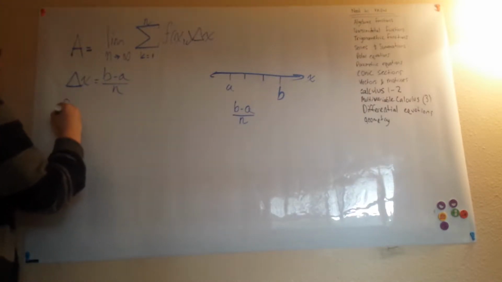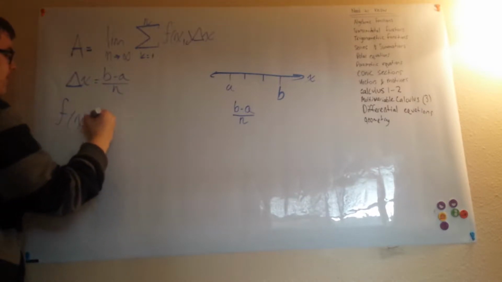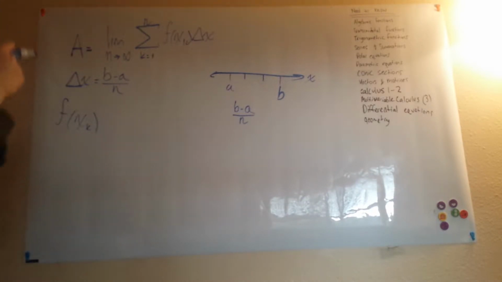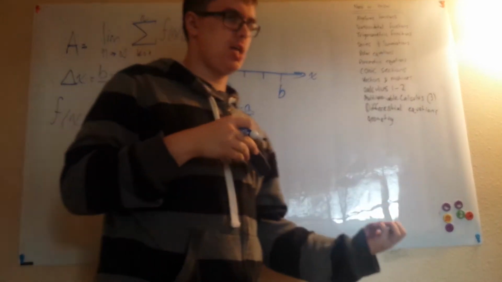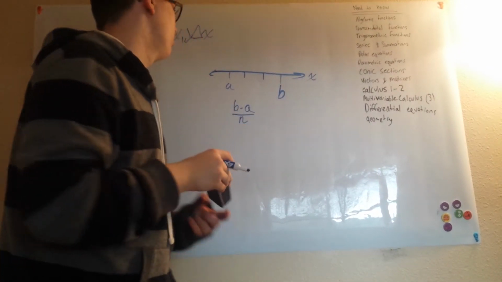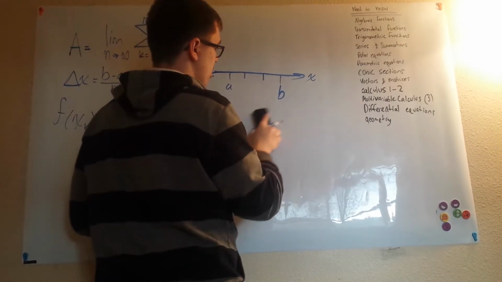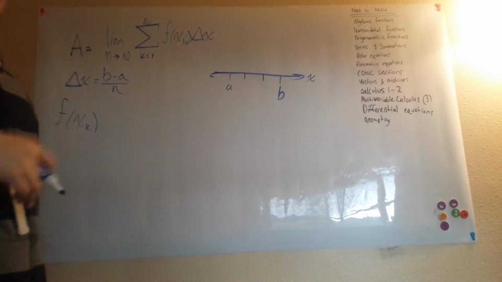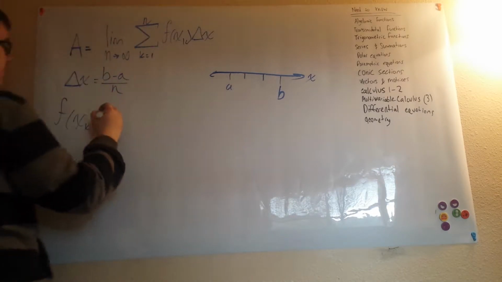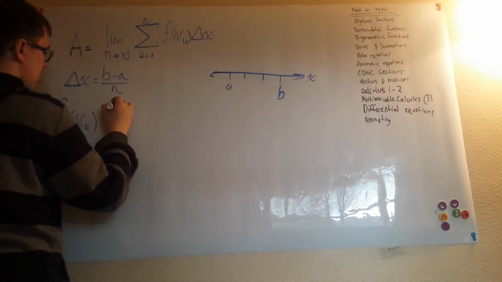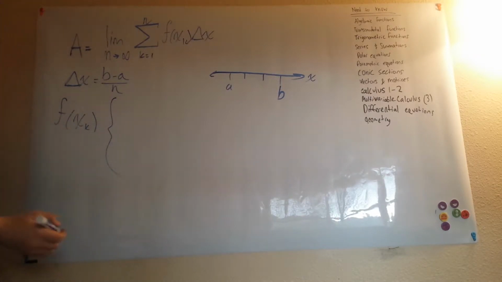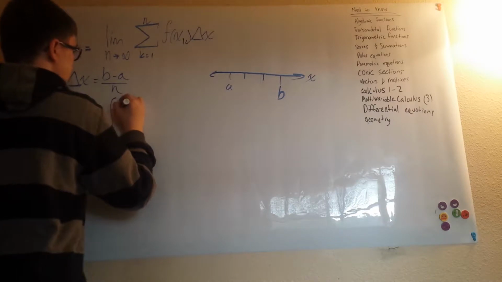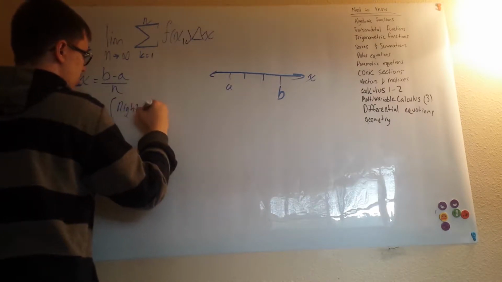Okay, let's cover the harder one, which is this one. This one is difficult because there are 3 different ways to do it. If we're using right endpoint, this could be multiple things.